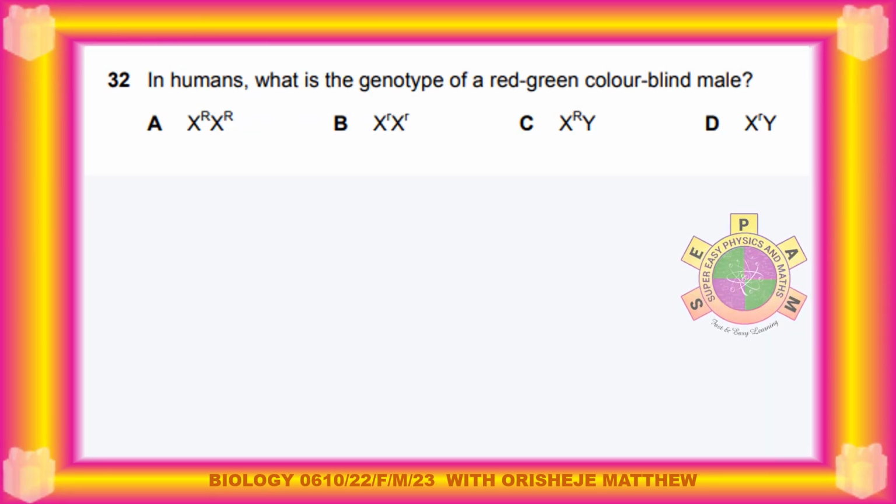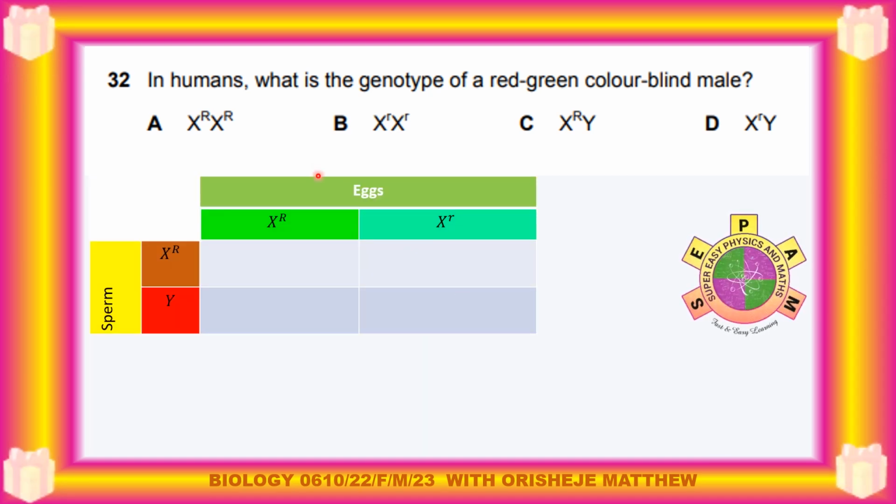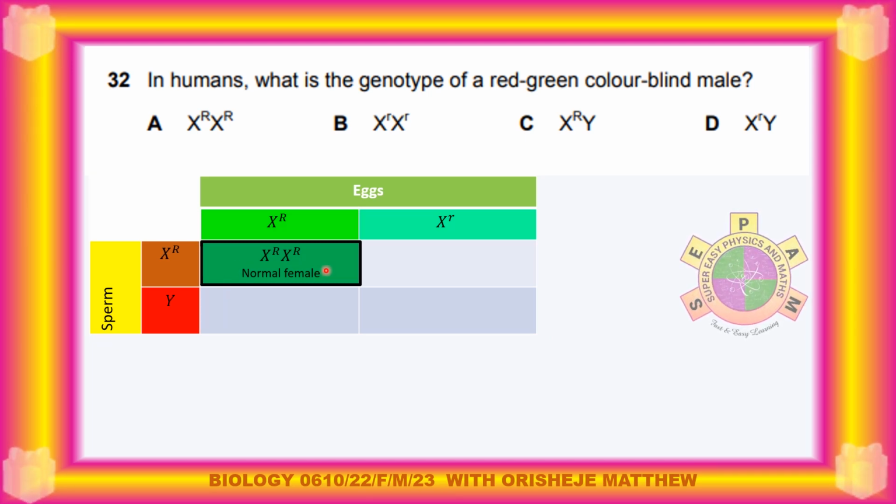Question 32. In human, what is the genotype of a red-green color-blind male? So let's just draw the combination of genotypes. We have the egg cell, so we have the alleles from the female, and then the alleles that come from the male, the sperm. This will be a normal female.